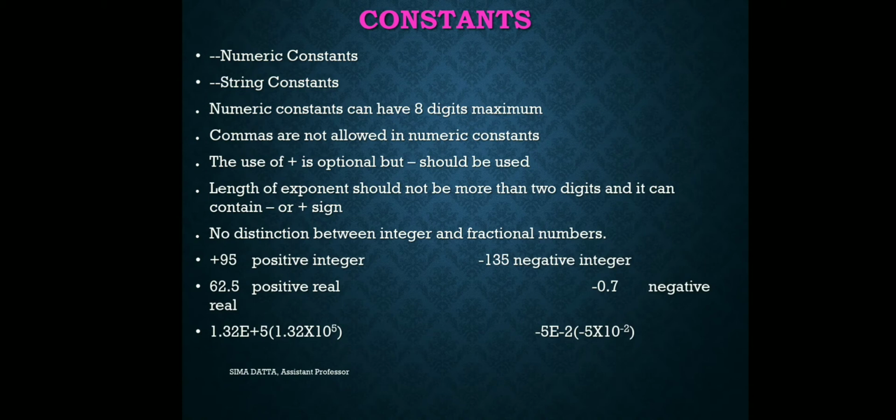For example, plus 95 is a positive integer, minus 135 is a negative integer, 62.5 is a positive real number, meaning a fractional number, then minus 0.7 is a negative fractional number. Then the exponential number format is also given in the example. You can see.